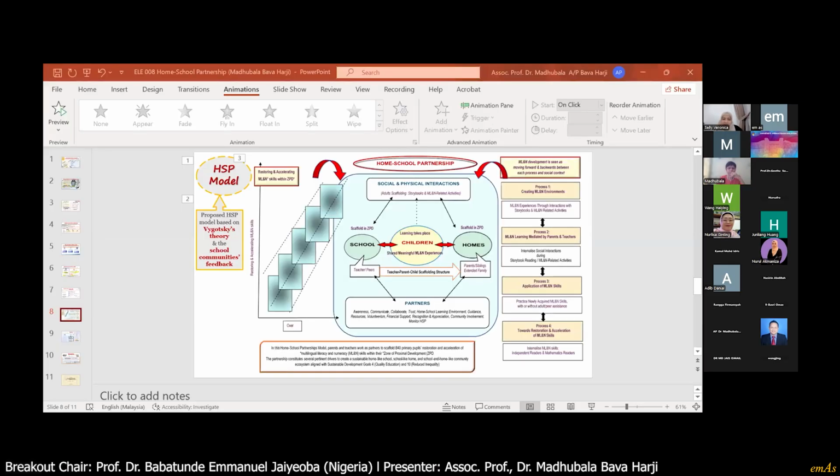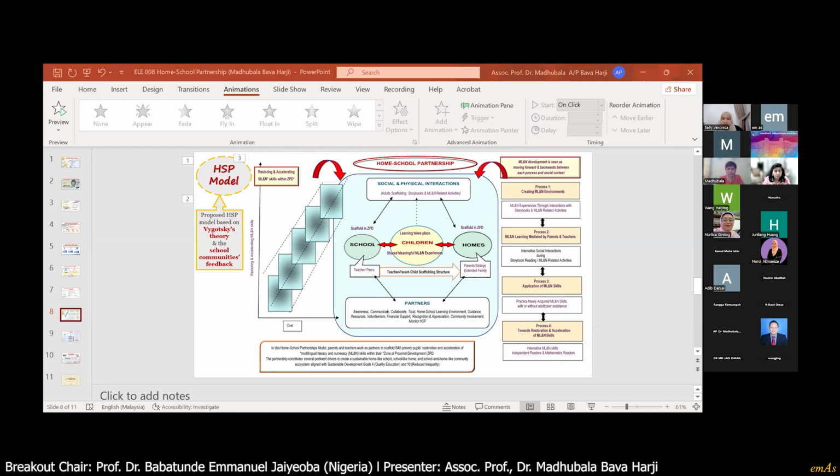I'll quickly ask, there's something very interesting that you found in literature that I want you to throw a little bit of light on. To say that the education level or the education status of the parents does not affect their contribution in the partnership.